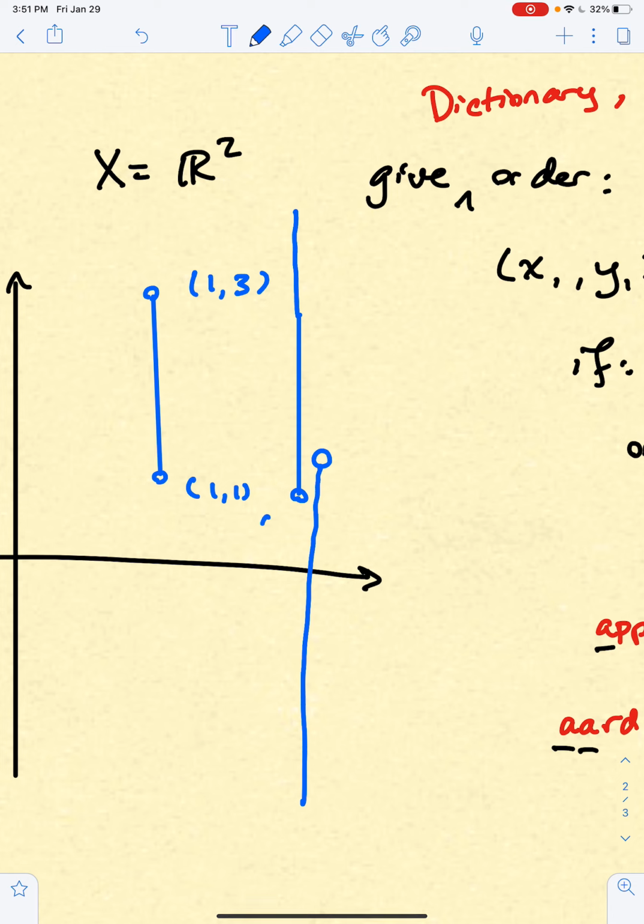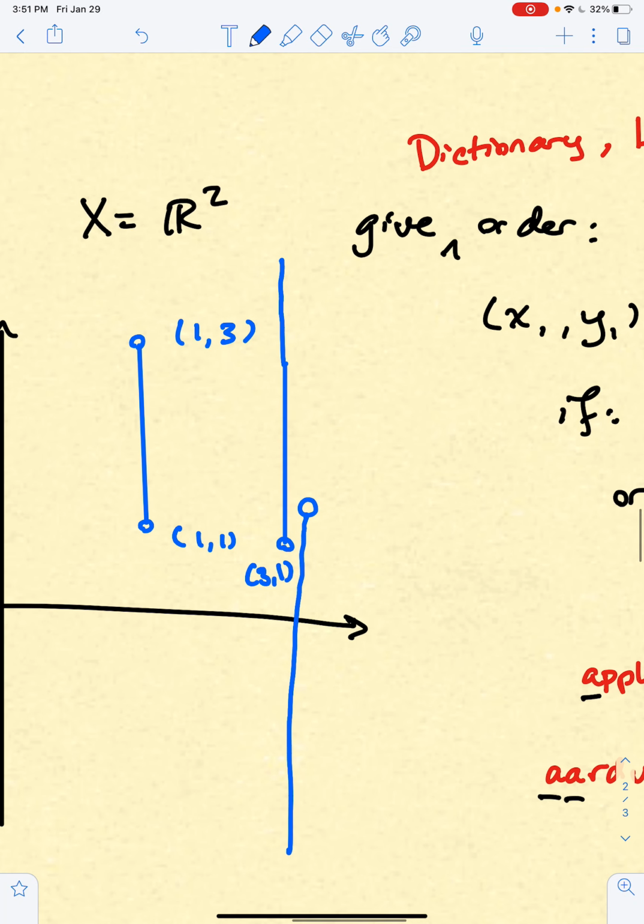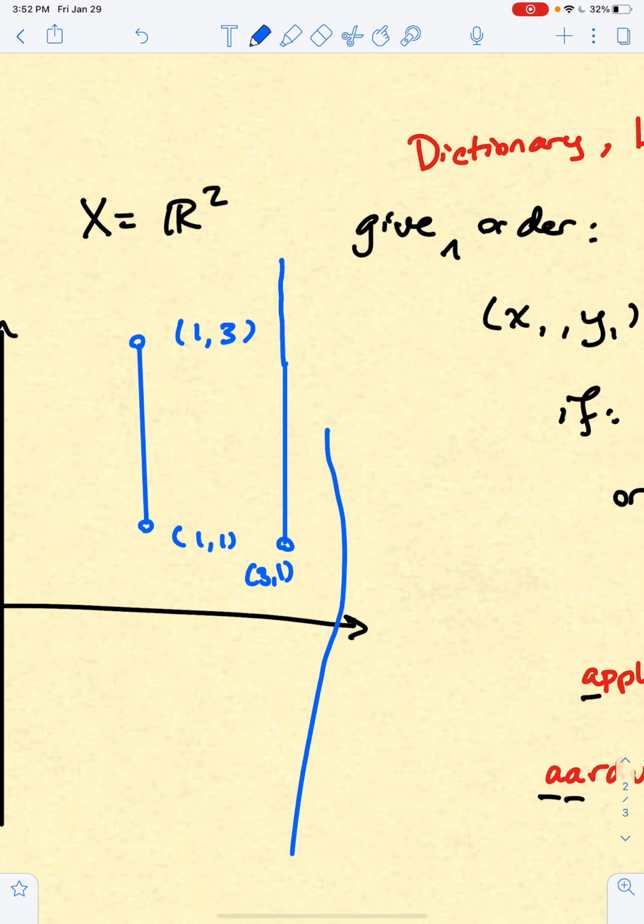Maybe this is (3,1), and this point here would be (4,2).